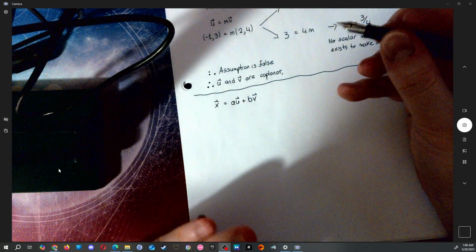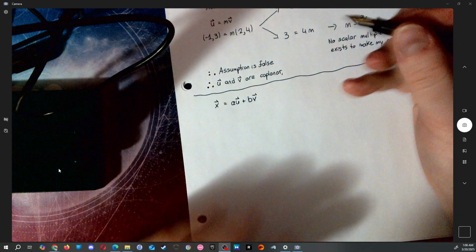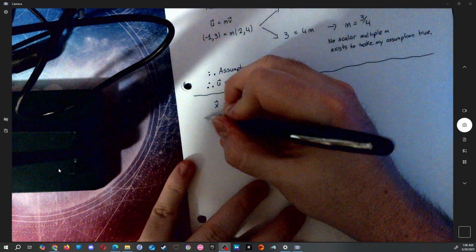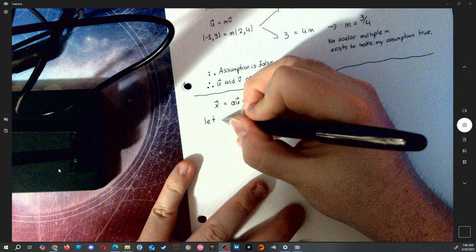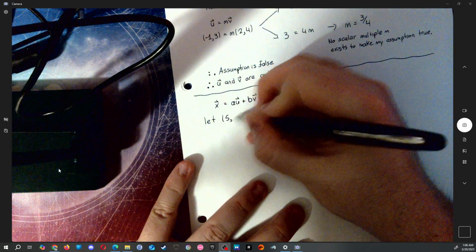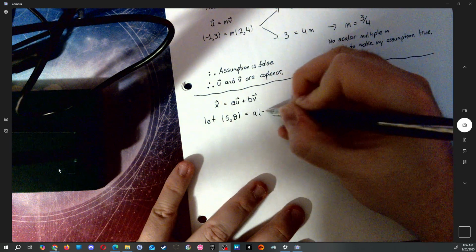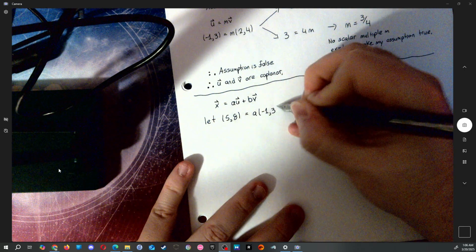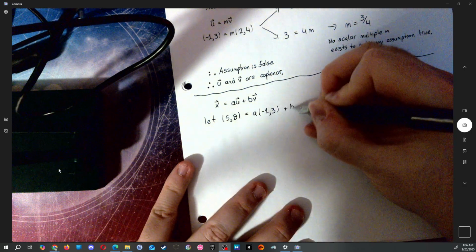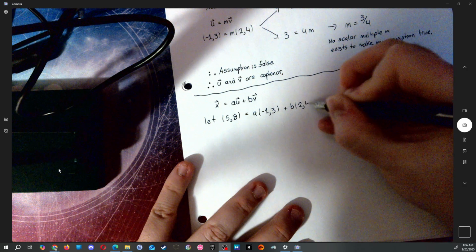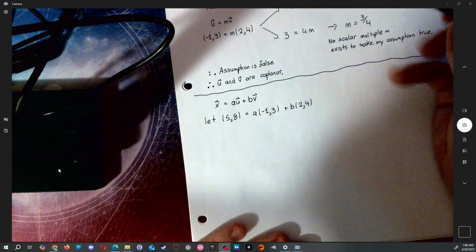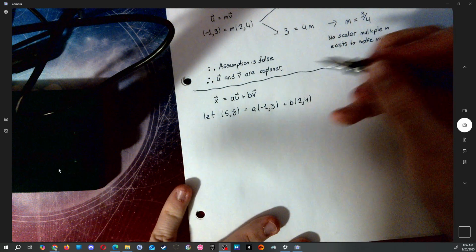So let's see if we can calculate what a and b are. So same idea as before. I'm going to write out all my vectors. So let 5 comma 8 be equal to a times -1 and 3 plus b times 2 comma 4. So I've just plugged in my vector values, and now I start setting up equations, right?